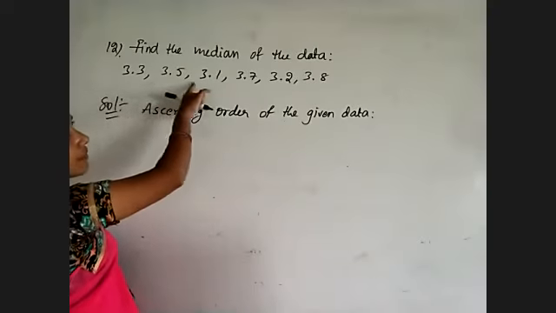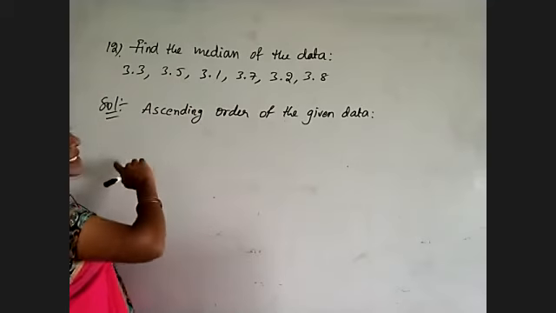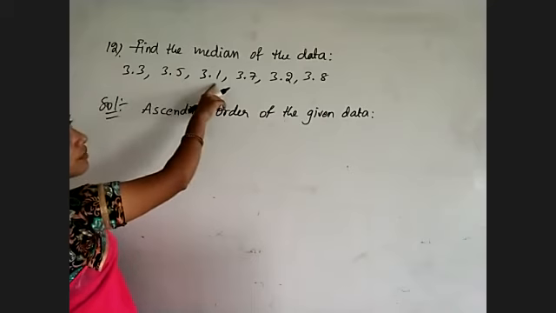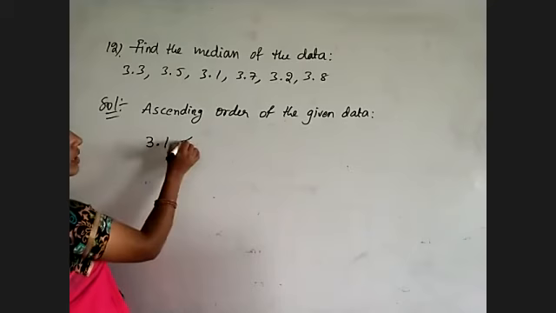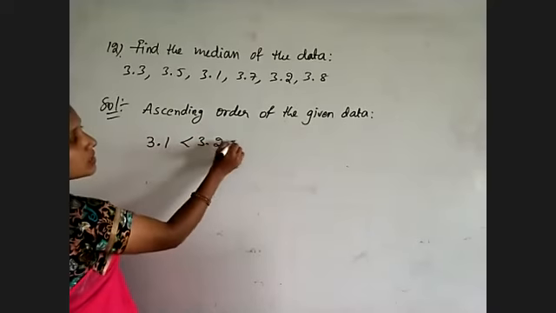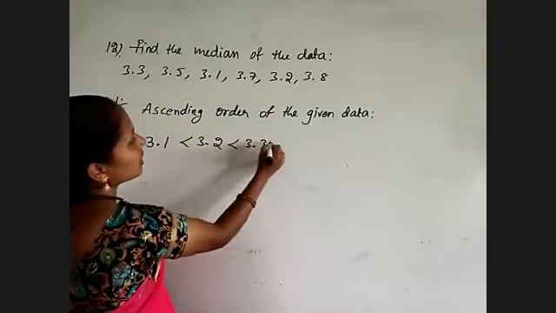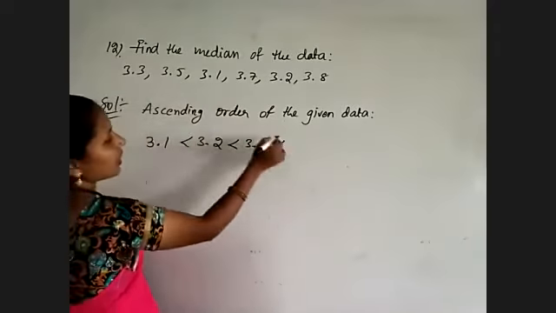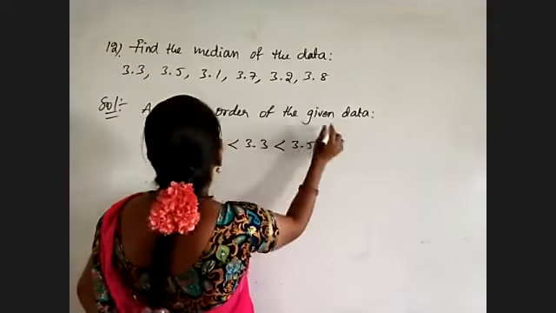Every number has 3 only, meaning the whole number part is the same. Then go for the decimal part. 1 is smaller, so 3.1 is smaller than 3.2, smaller than next 3.3, next 3.5, next 3.7, 3.8.